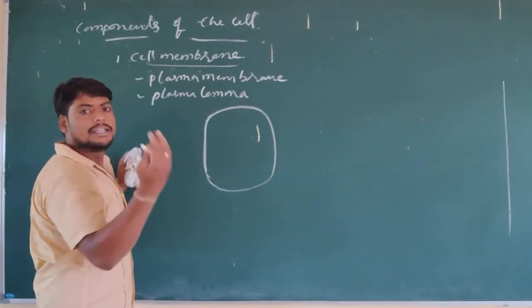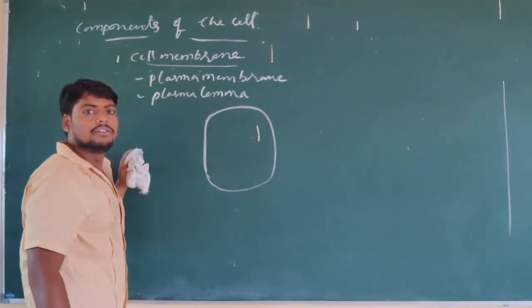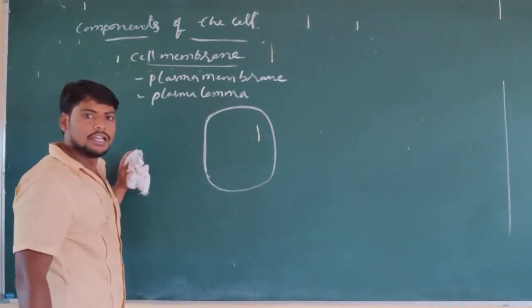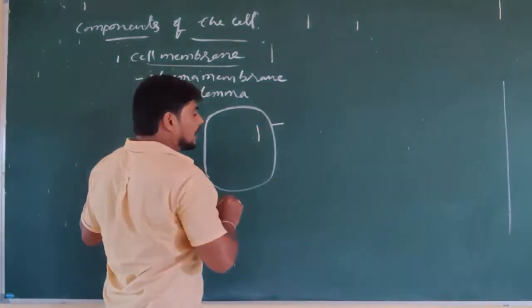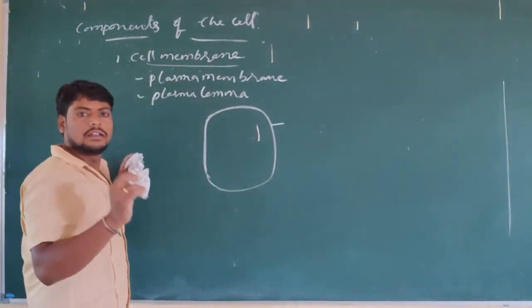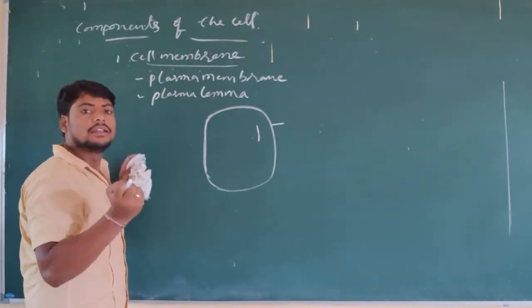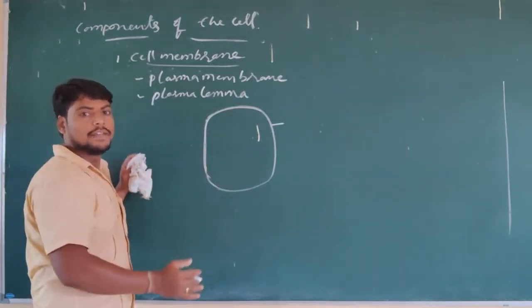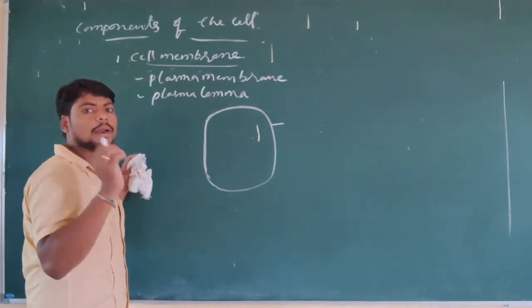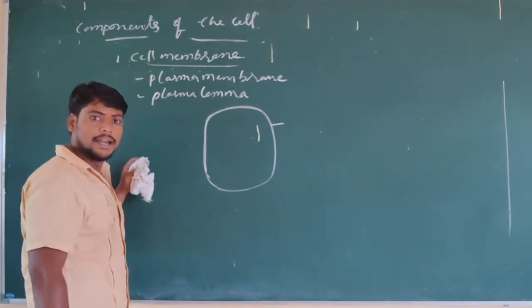It separates the content of the cell from its outer environment. That is an important function. Next, it acts like a filter, allowing some materials to come in and some to move out of the cell. That is selective permeability, also a function of the plasma membrane.